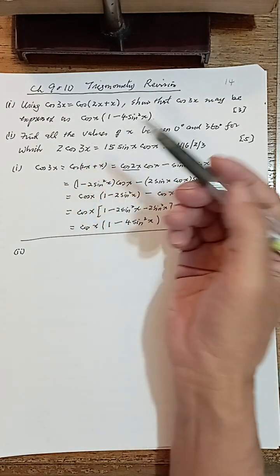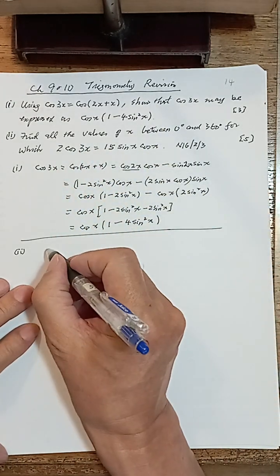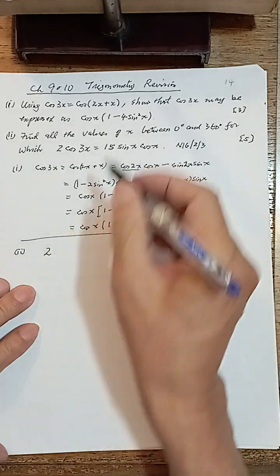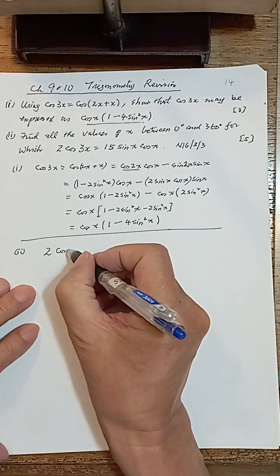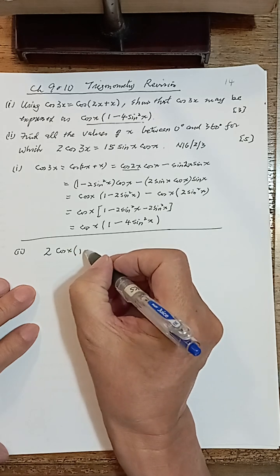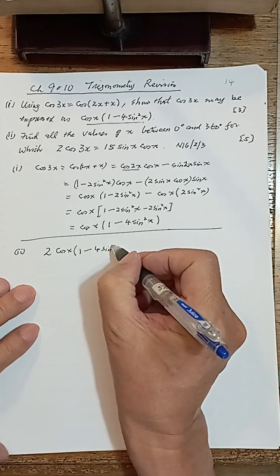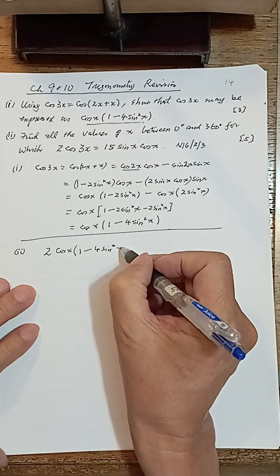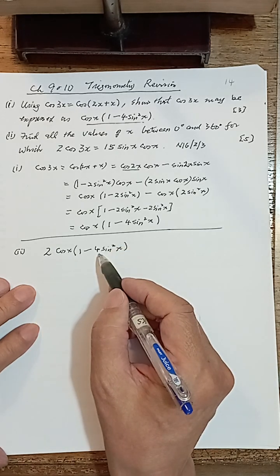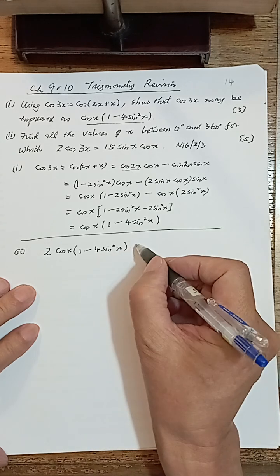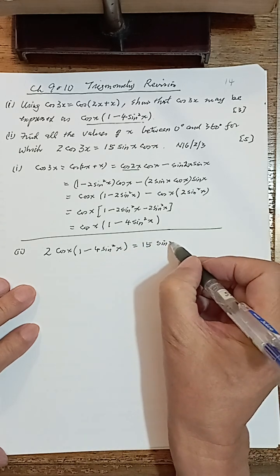So instead of 2 cosine 3x here, I'll write 2 cosine x, 1 minus 4 sine square x. This is 2 cosine 3x, equal to 15 sine x cosine x.